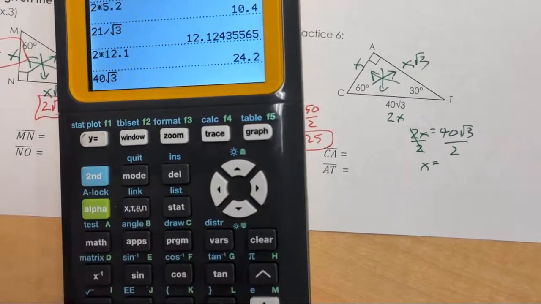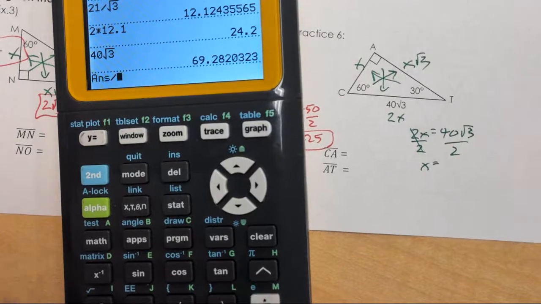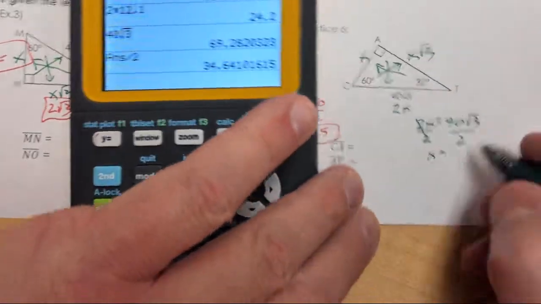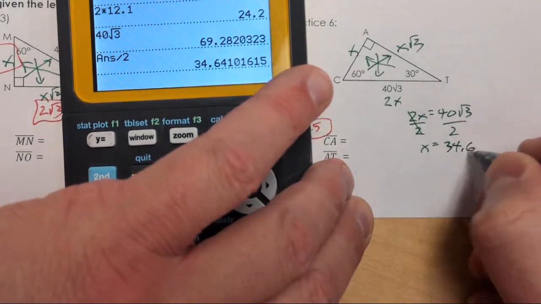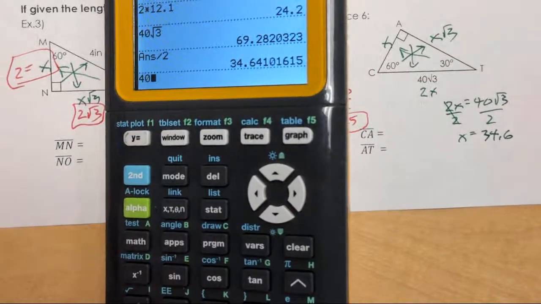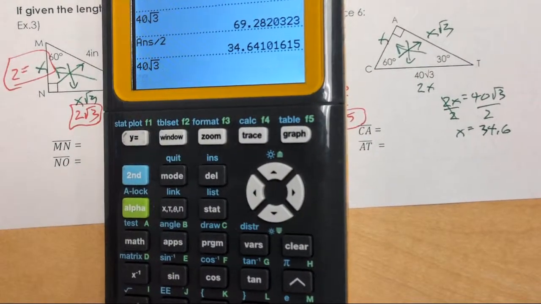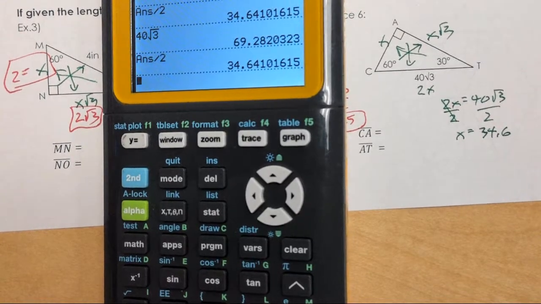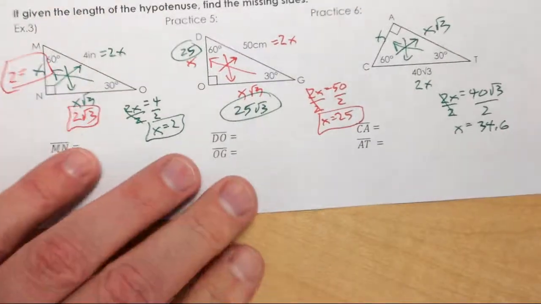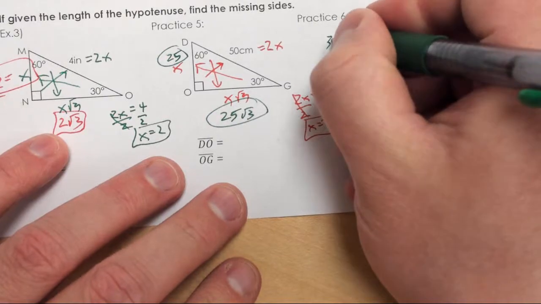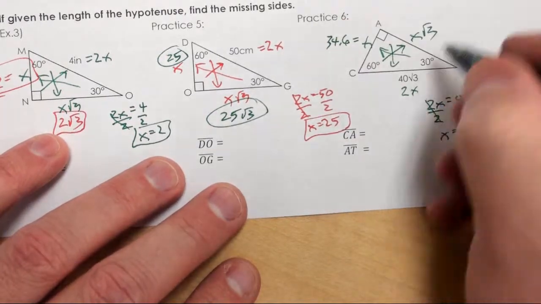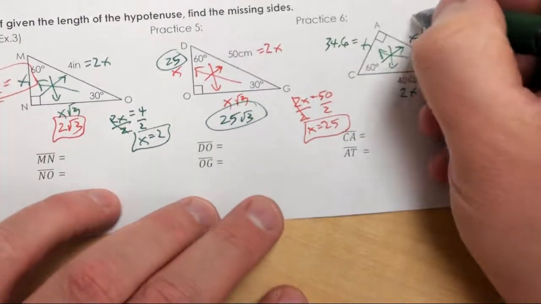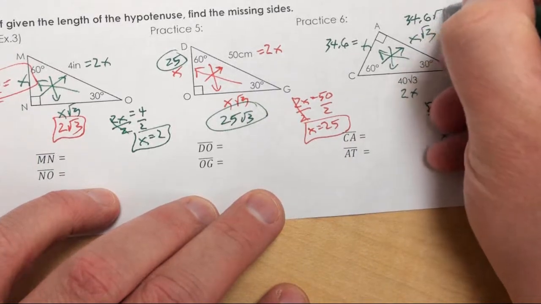And then I'm going to hit enter and then divide by 2. And that gives me 34.6. So I just took 40 times the square root of 3, hit enter, and then divided that by 2. And that got me the short leg, which is 34.6. And then the long leg would end up being just 34.6 square root 3.